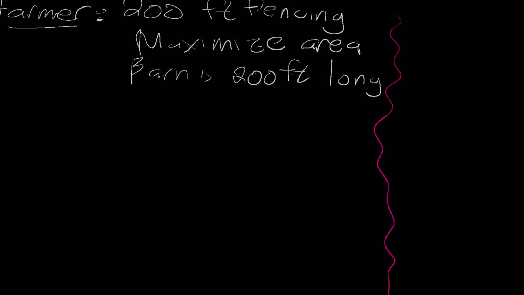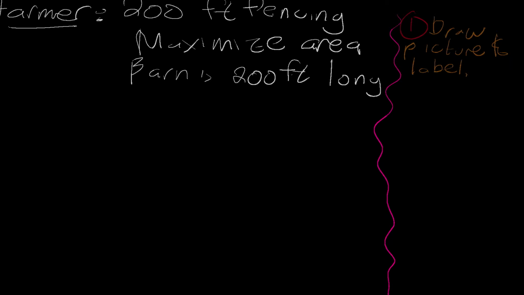The first thing you want to do is, let me go a little brighter. Let's do some mocha. Okay, the first thing you're going to do is you're going to draw a picture, and you're going to label. Okay, so here we've got a barn.